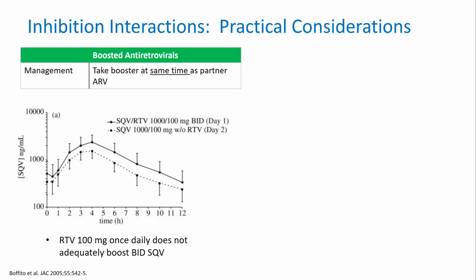This graph on the left just shows a study of people who are on twice daily boosted saquinavir-ritonavir, and for one dose, they skipped their morning ritonavir dose but took saquinavir, and you can see there was a significant reduction. So that evening dose from 12 hours before was not enough to boost the morning dose of saquinavir.